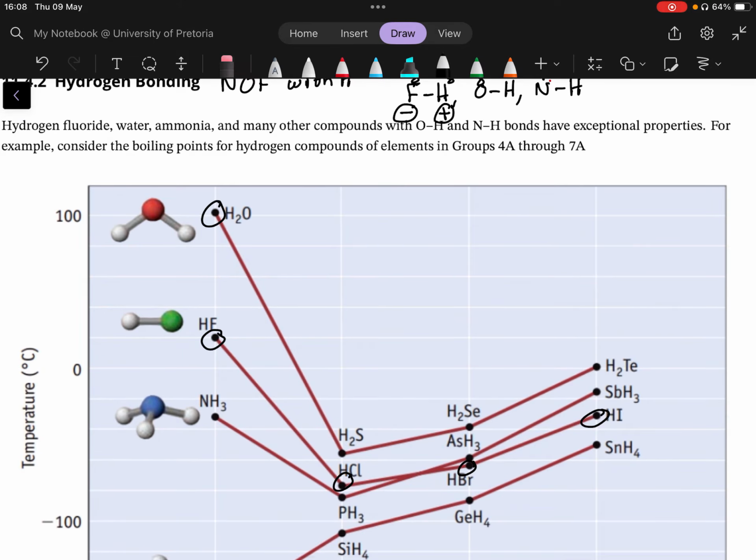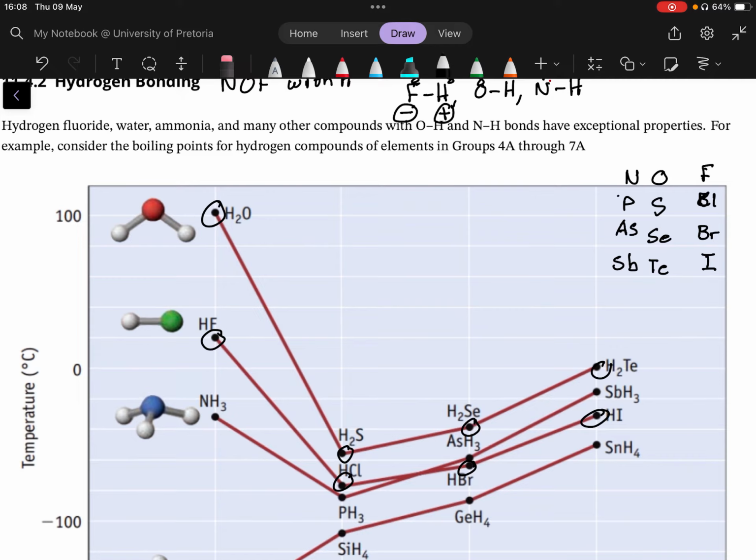The same with water. Water, compared to everything that goes down in the group, remember there's going to be oxygen, sulfur, selenium, tellurium. Then you get the halides, so the halides are F, Cl, Br, I. And of course the nitrogen group, so nitrogen, phosphorus, and then antimony.